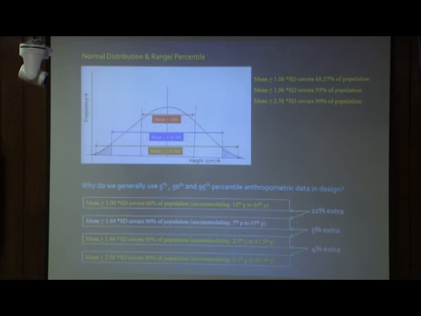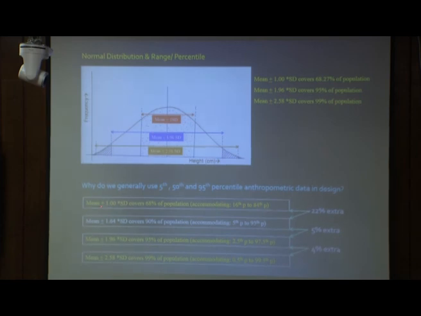If we increase it to mean plus minus 1.64 SD, we are covering 90%. Starting from 68%, now we are covering 90%. So if we increase the SD value from 1 to 1.64, we are covering another 22% of the population.